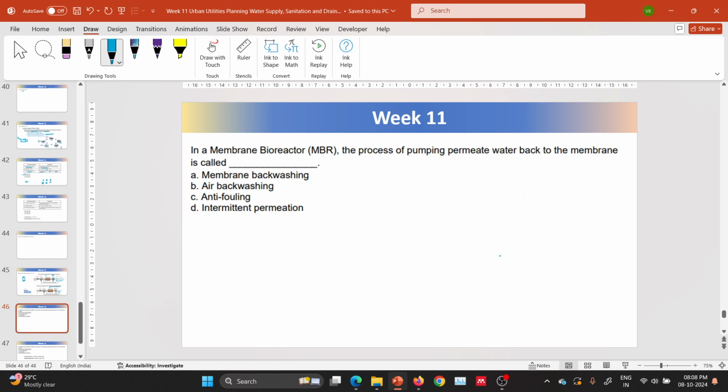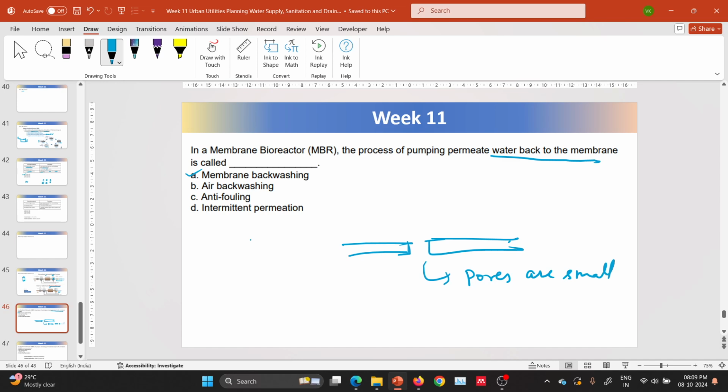In the membrane bioreactor, the process of pumping permeate water back to the membrane is called membrane backwashing. So what happens? Let's take this as a membrane. In membrane the pores are very small. This is the membrane, so it has so many pores. The pores will clog with time if you use it for long periods. So membrane backwashing is required.